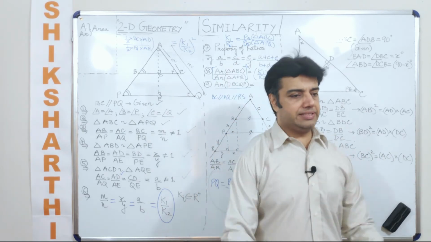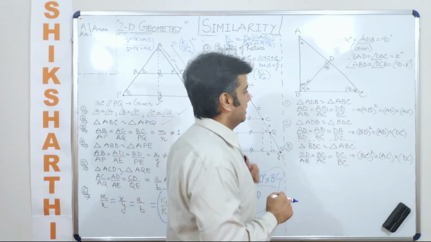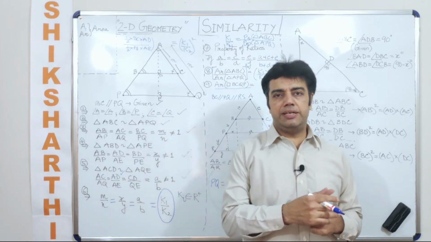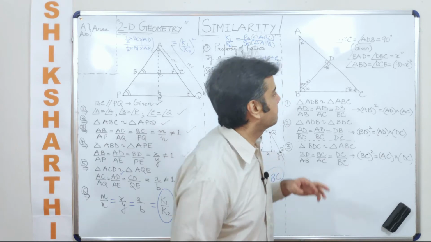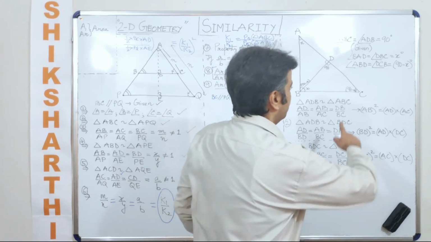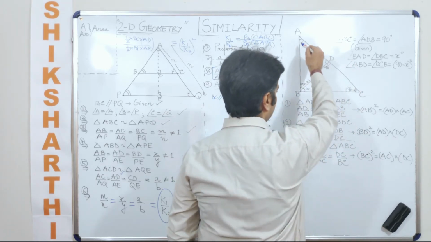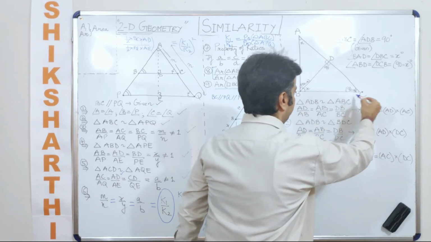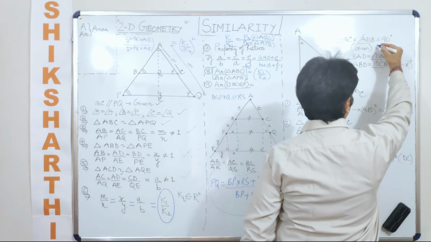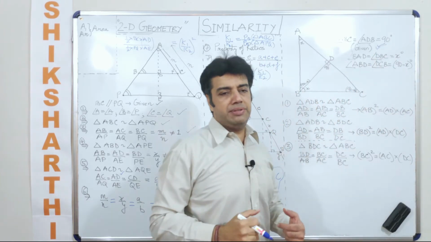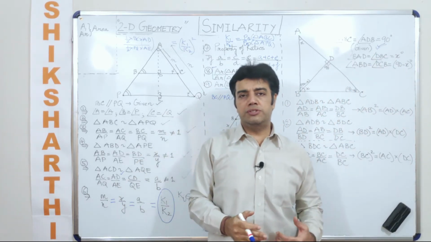The last but not the least, which is a very important one, which is again an application of similarity or BP, the basic proportionality theorem. The piece of information which is given here is that we are taking a right angle triangle. We will not believe that this is a right angle triangle until it is mentioned like this. In geometry, something that looks like a right angle triangle is not what you are supposed to assume.